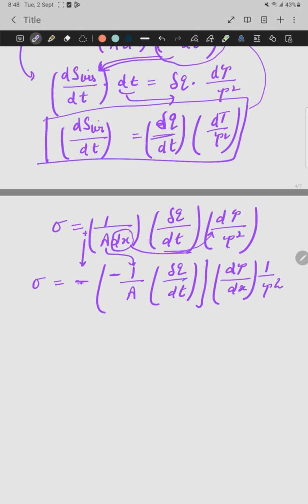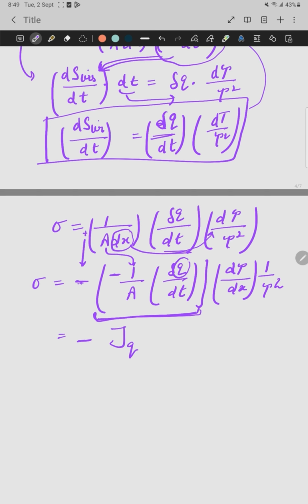This is just the rearrangement. We already know this is equal to J, flux, since in the flux there is a change in the heat, so this is heat flux. This is the expression for heat flux.